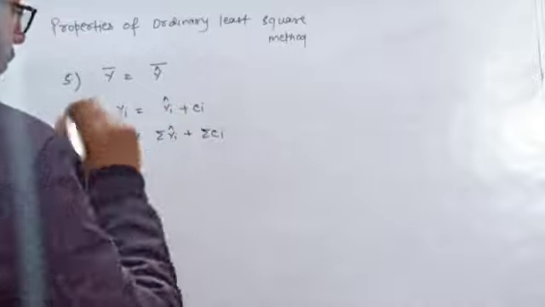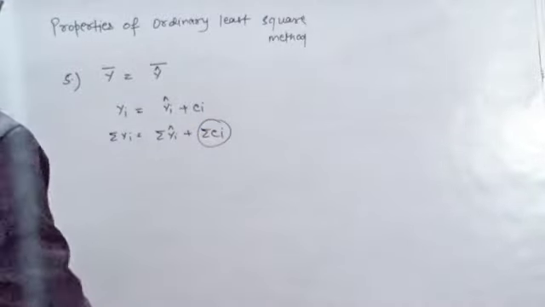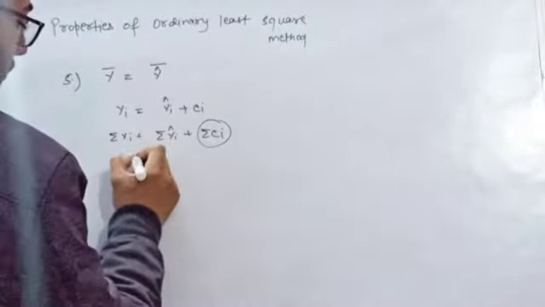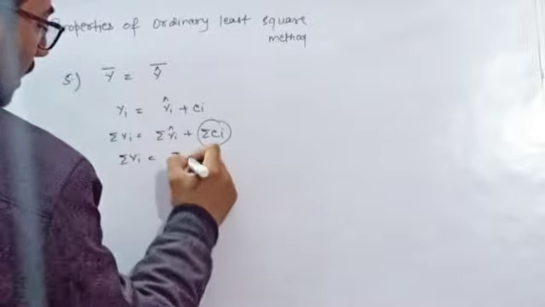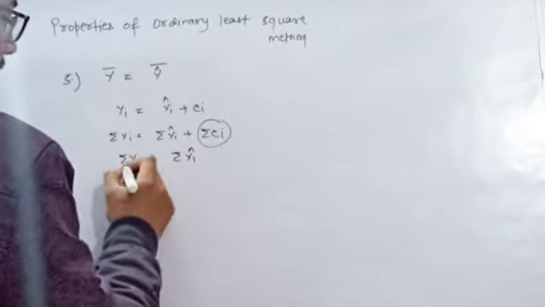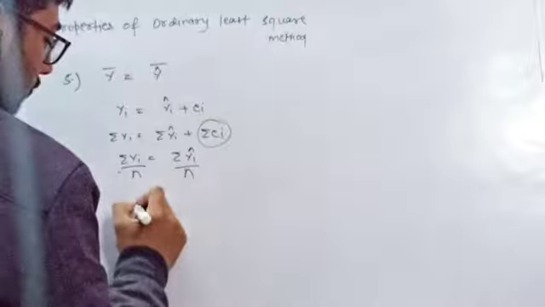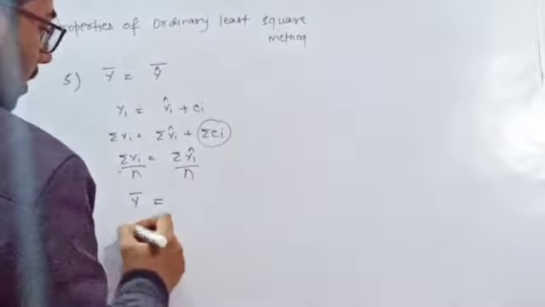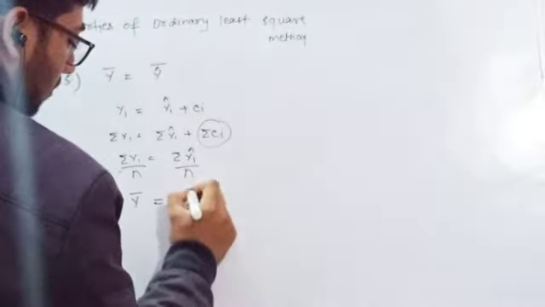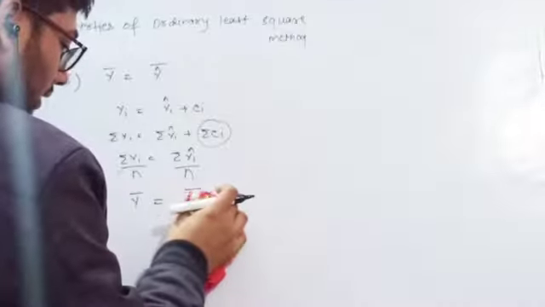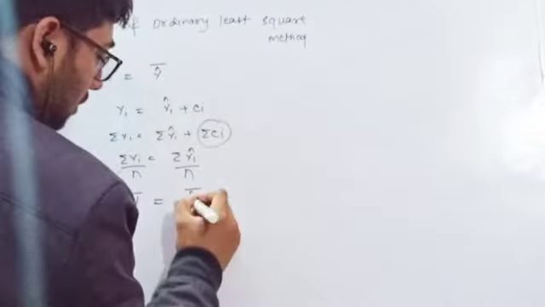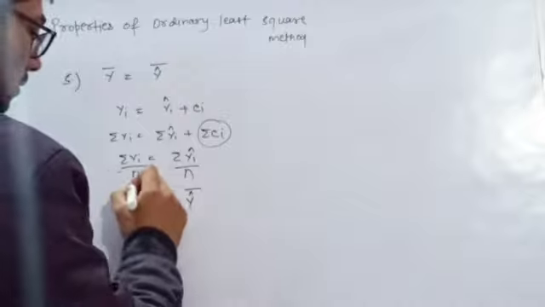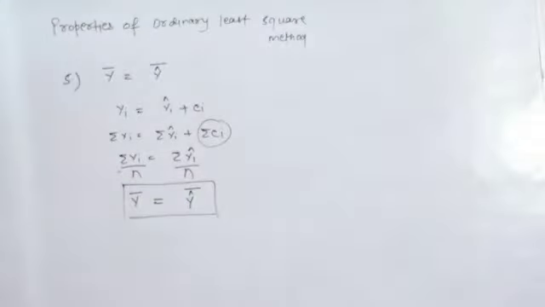We know that summation ei is 0, and summation yi becomes summation yi hat. Now divide both sides by n, and this becomes y bar, and this is y hat bar. You can write it as yi hat or only y hat, as you wish.